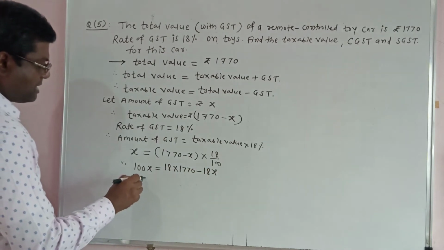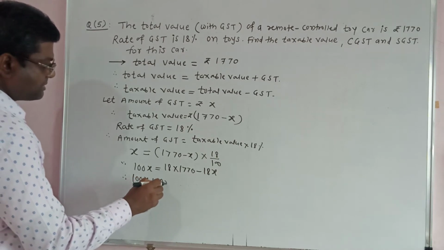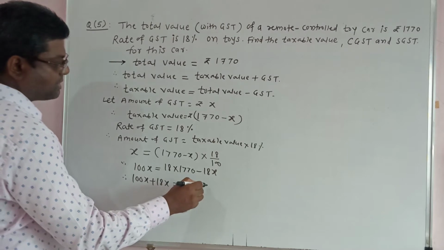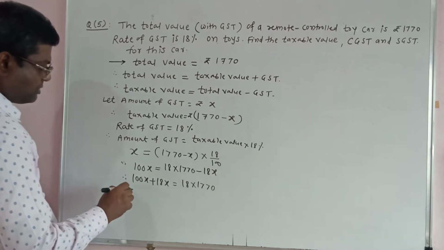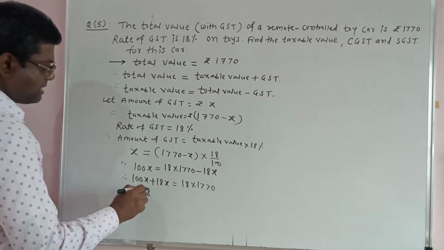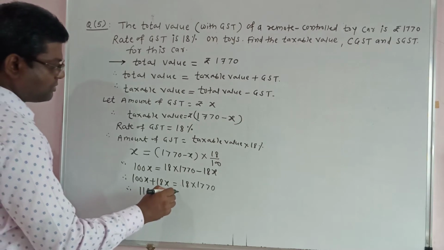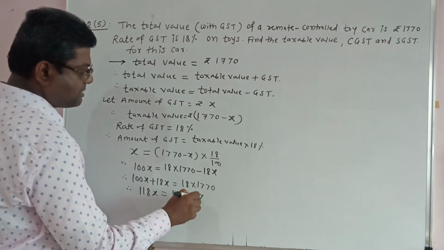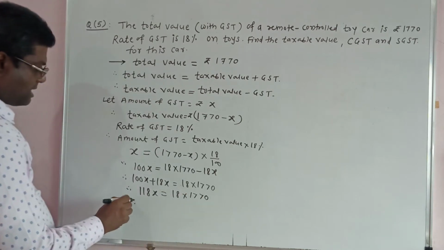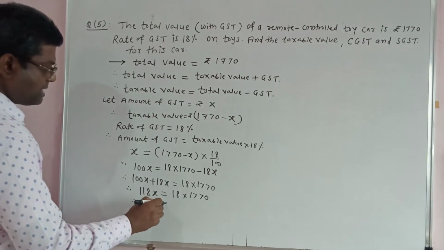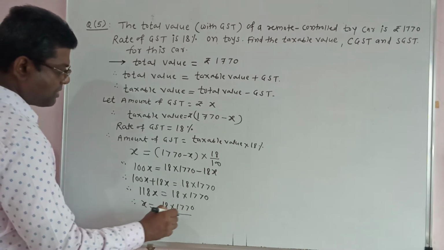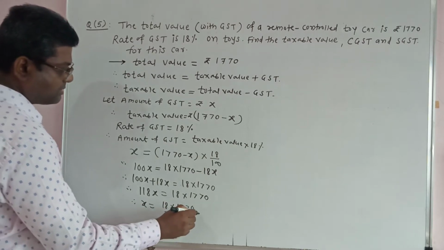Therefore 100x plus 18x is equal to 18 into 1770. Therefore 118x is equal to 18 into 1770. Therefore x is equal to 18 into 1770 upon 118.